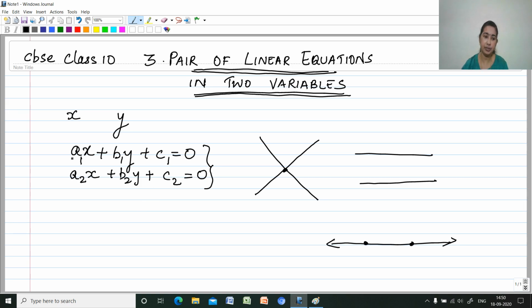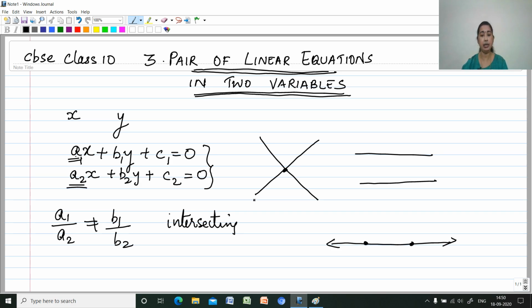Here the coefficient of x is a1, and the coefficient of x in the second equation is a2. If a1 by a2 is not equal to b1 by b2, that is, the coefficients of x are a1 and a2, and the coefficients of y are b1 and b2, if their ratios are not equal, then we say that the two lines are intersecting at a point.